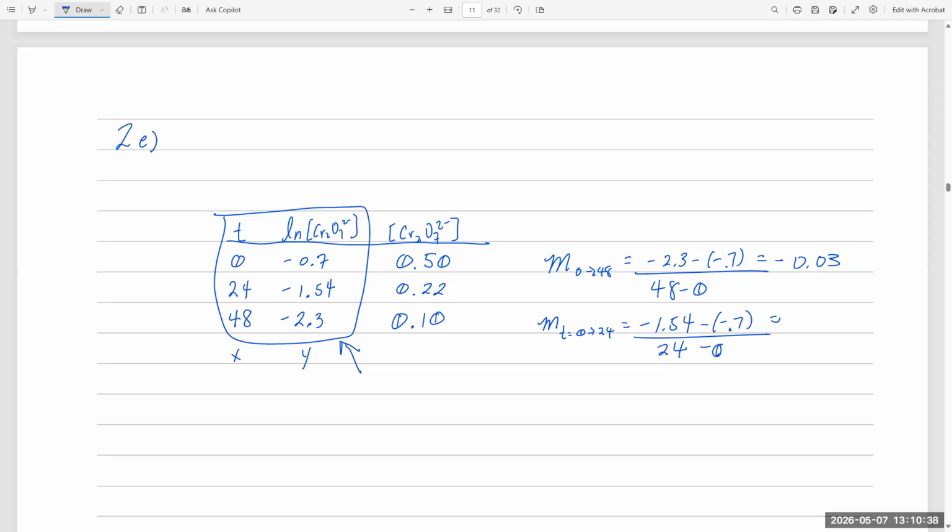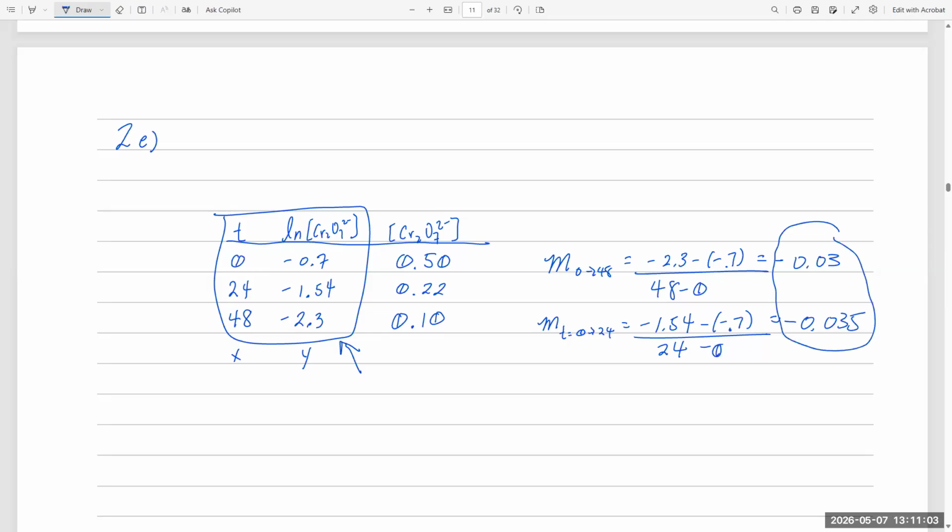So, calculator again: negative 1.54 plus 0.7 divided by 24. And what do I get? I get negative 0.035, right? I might have punched in something wrong. So I'm a little bit off, but nevertheless, what do we know?